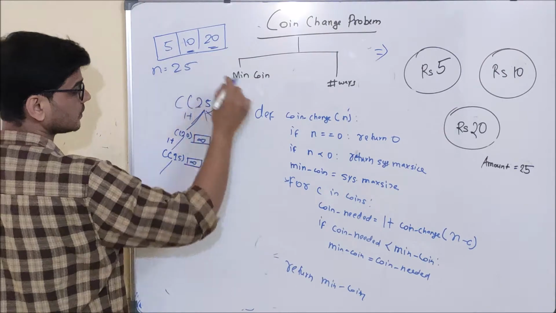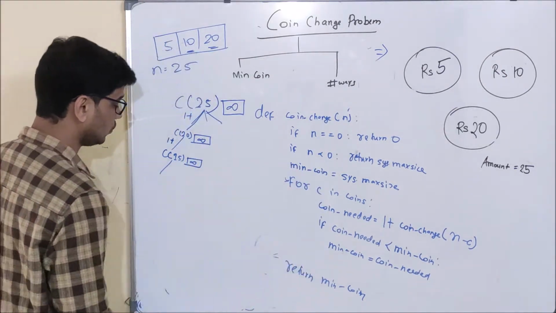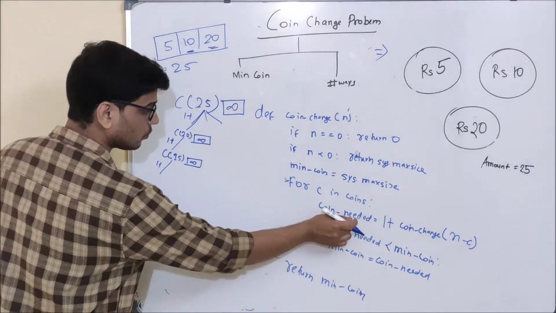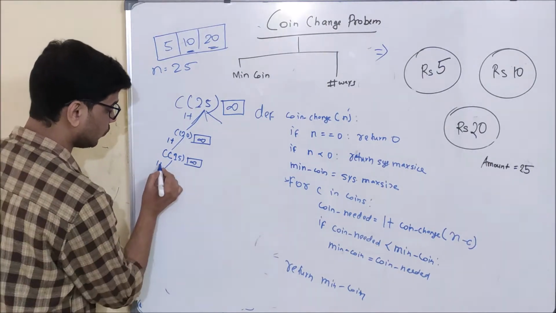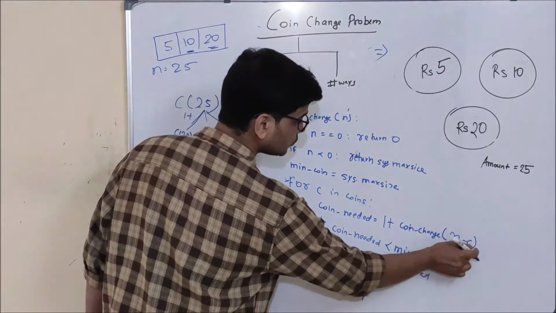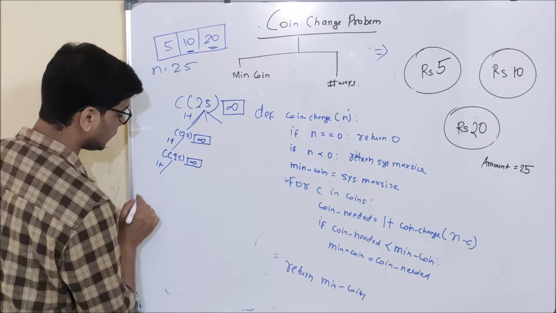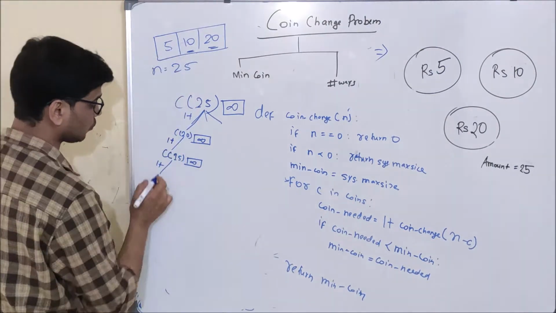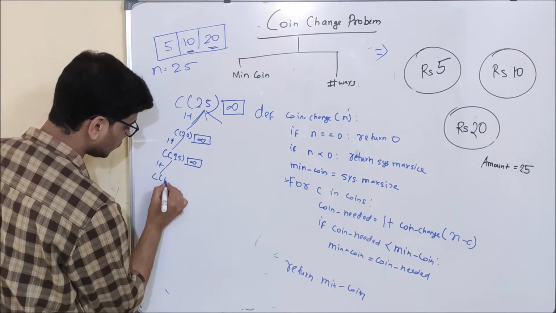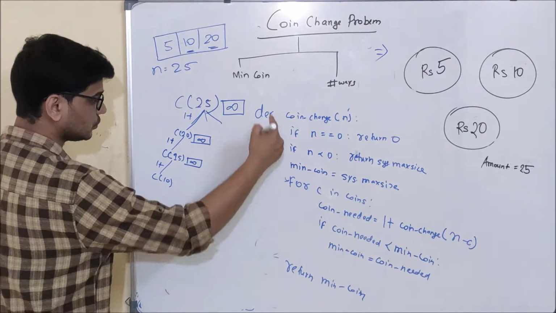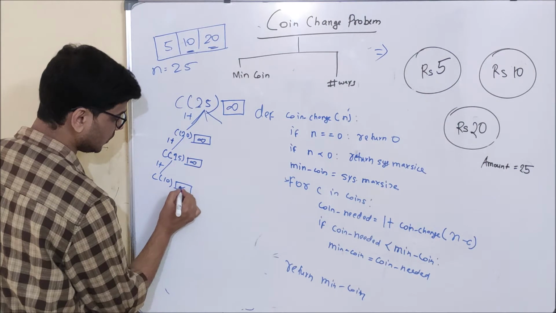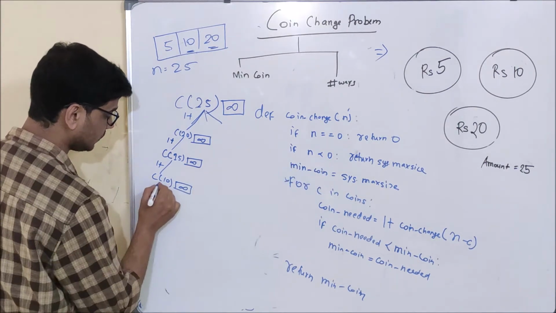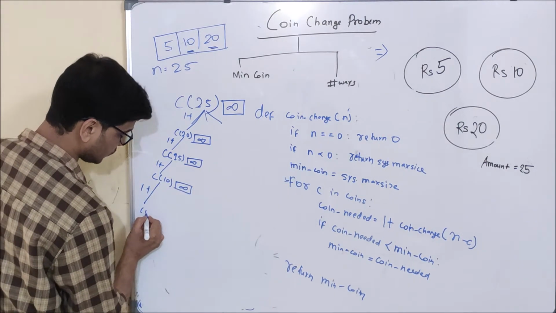Again it will come in this particular for loop. Then the coin needed variable will be created. Then 1 plus coin change of n minus c, where n is 15 and c is 5. So basically I am trying the first option here. So C of 10 will be called, and again C of 10 will come for its own execution. It will create a min coin variable, 1 plus C of 5.